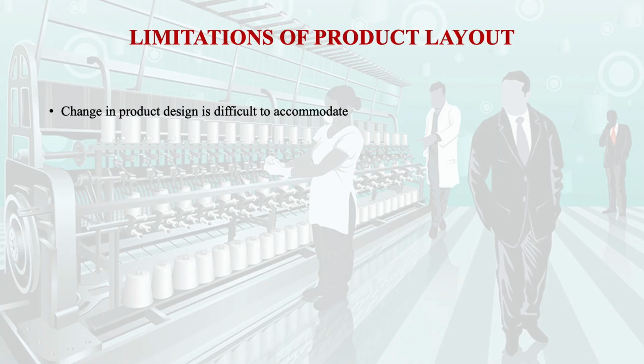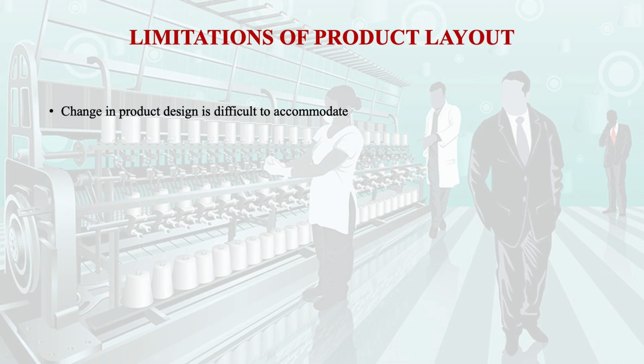There are some advantages, but definitely we have some limitations of the product layout. The most important point is it is very difficult to change if there is a change in the product design.